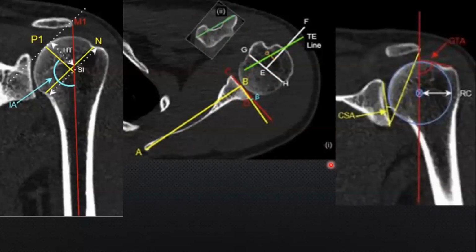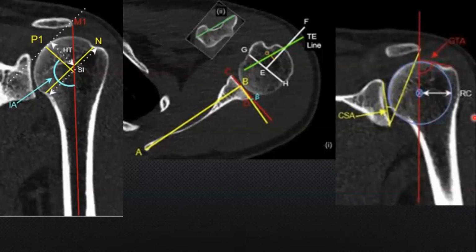Then we have the critical shoulder angle, which is the angle between the glenoid face and the lateralmost tip of the acromion. An increasing CSA shows that there is an increasing likelihood for the implant to undergo impingement when it goes beyond 90 degrees of abduction. That is because the GT has a high likelihood of coming and hitting on the acromion.